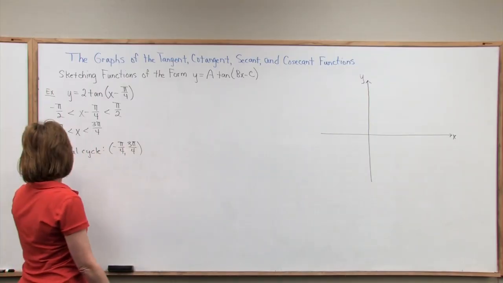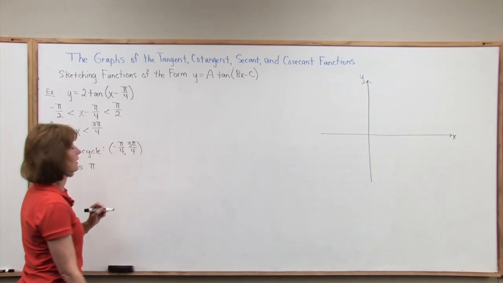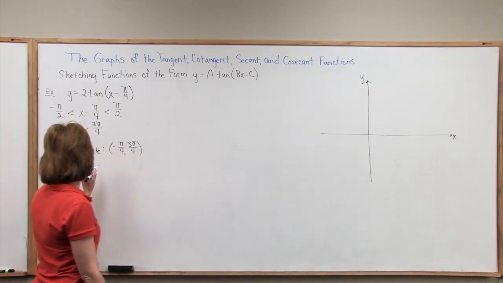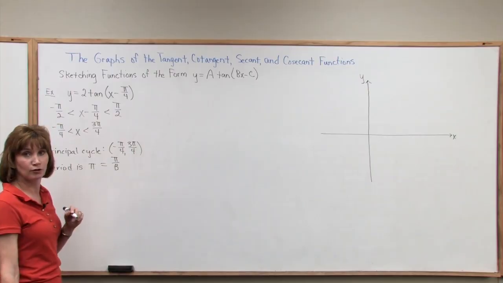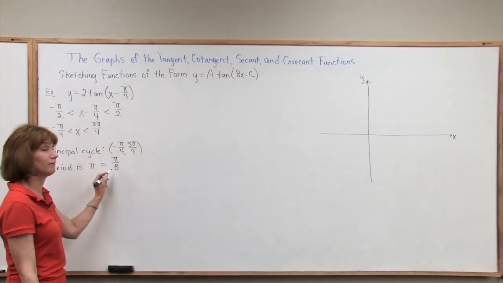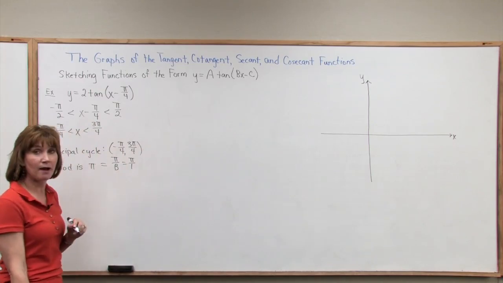Notice that the period, the length of that interval, is still pi. You can always find the period by taking pi and dividing by b. Remember, the normal period for tangent is pi, and of course in this case b is 1. So we can see the period is pi.